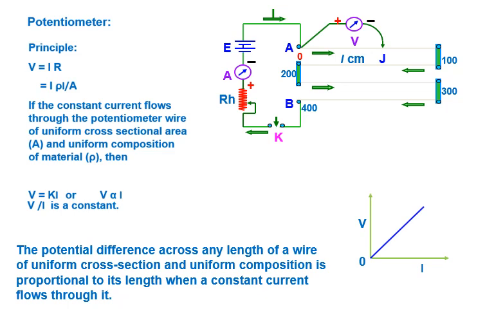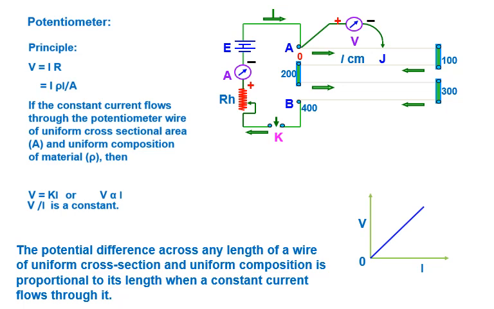This is the principle of the potentiometer, and if you draw a graph between V and L, it will give you a straight line passing through the origin O. The potential drop per unit length of the potentiometer wire is known as potential gradient.